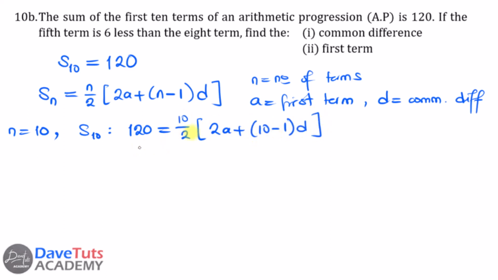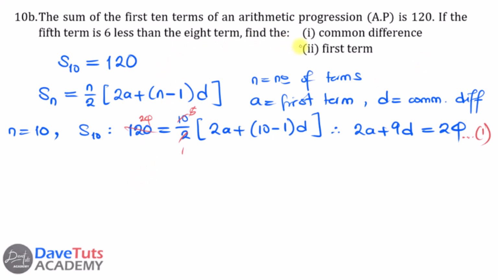If we simplify this, these two can cut 10, and then 5 can go in 120, that will be 24. So what we have inherently is 2a plus 9d is going to give us 24. We can note this as one equation that we can find useful. I'm calling it equation 1.